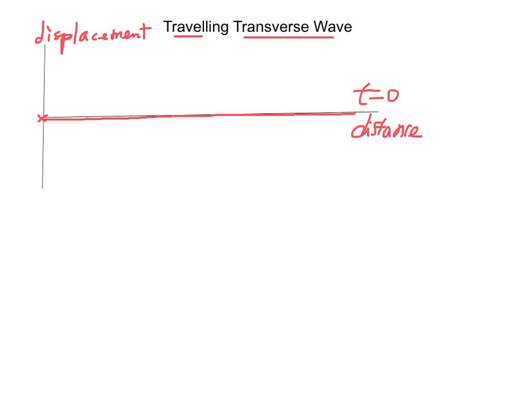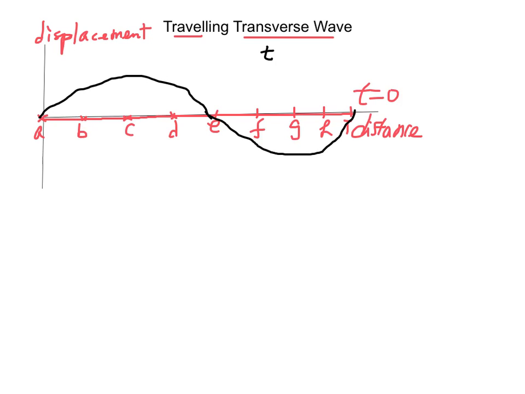At time 0, they are A, B, C, D, E, F, G, H, and I. And at time t, the wave shape becomes this one, and assume the wave is traveling to the right.